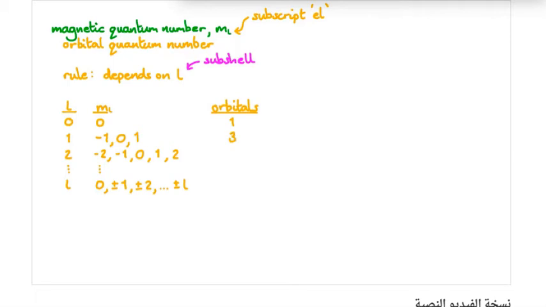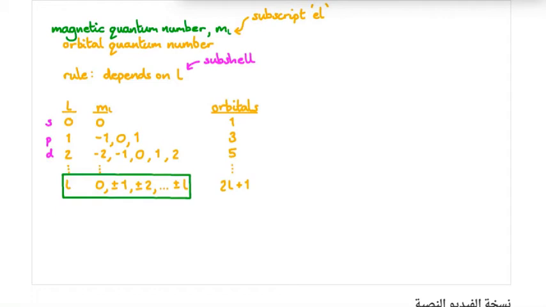But we can say for a P-type subshell, where the value of the subsidiary quantum number is 1, there are 3 different orbitals. For a D-type subshell, there are 5 orbitals, and for a generic value of L, the number of orbitals we get is 2L plus 1. The important thing is to remember the general formula so we can apply it to any value of L.